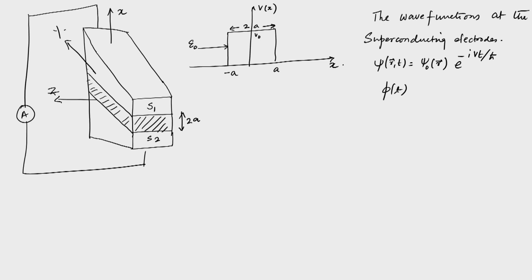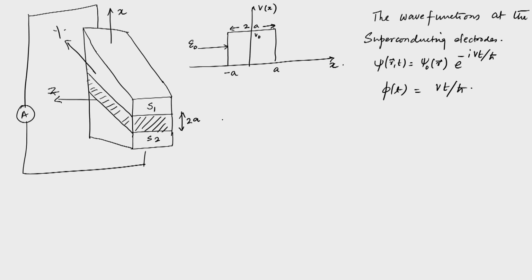So, phi of t is equal to V t over h cross and so on. So, it is a DC voltage that is applied. So, we will have a Josephson current there, which is otherwise classically forbidden.